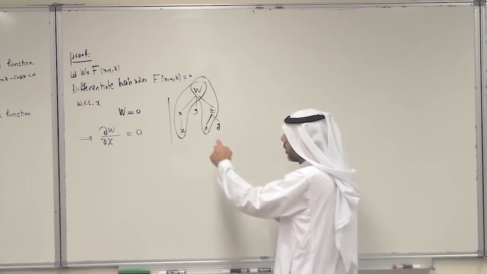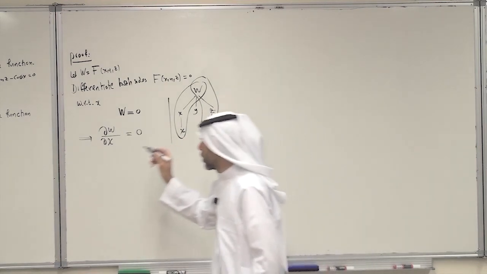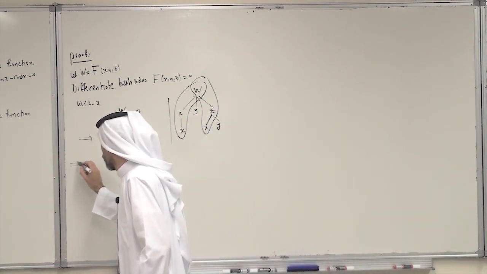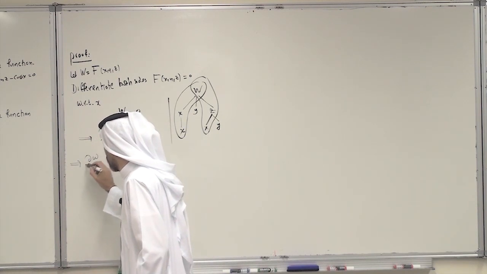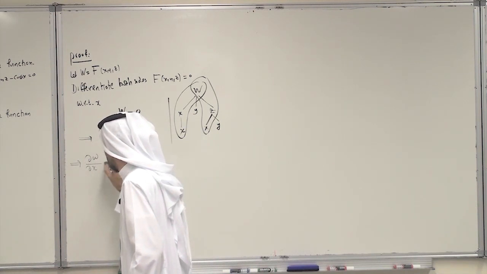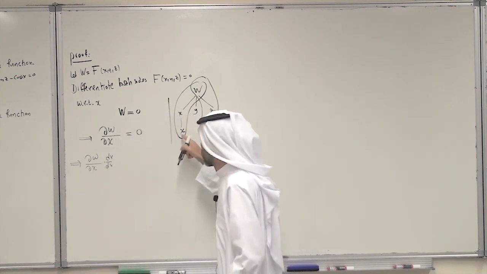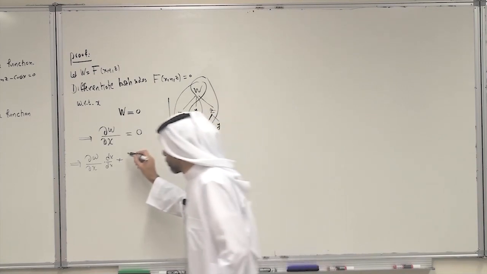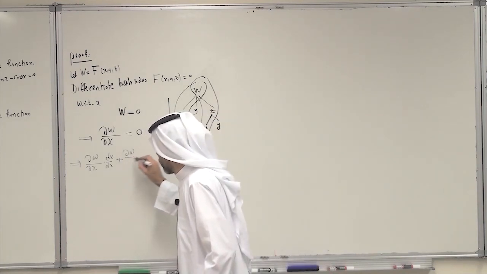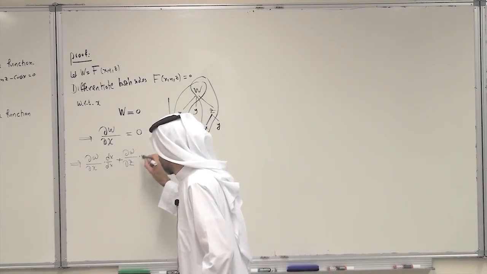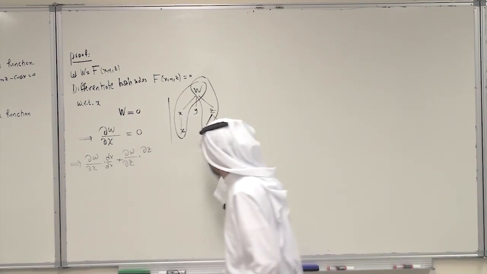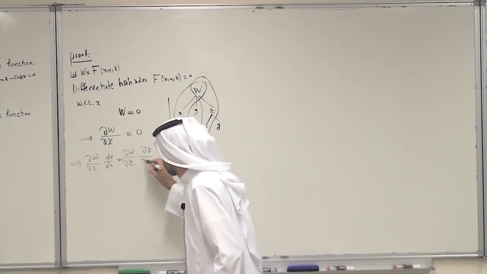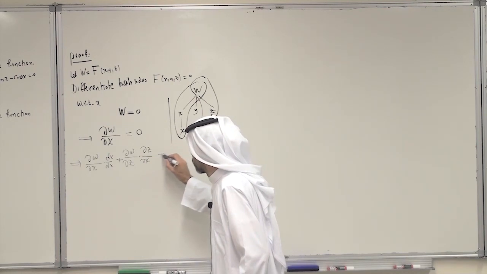This becomes partial w, partial x times dx, the derivative of x with itself, plus partial w, partial z times partial z, partial x equal to 0.